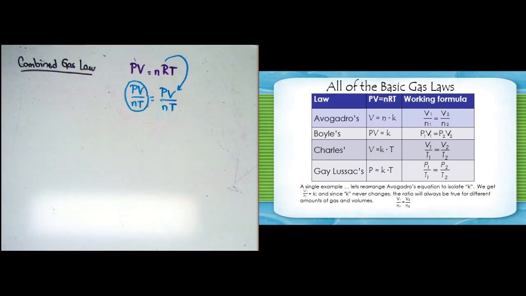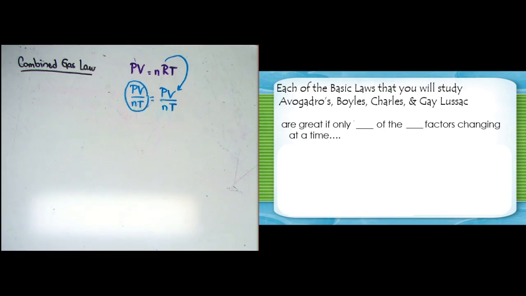And I may not have explained that right, but again, not being together with each other, it's harder to do that. But let's go through this as quickly as we can, and then we'll do a couple problems. So each of the basic laws, Avogadro, Boyle's, Charles, and Gay-Lussac, only looks at two of the four factors.